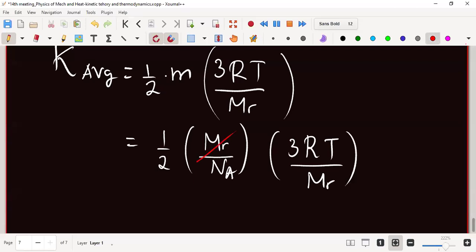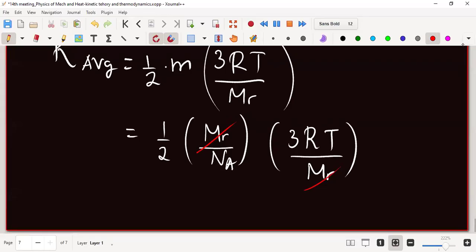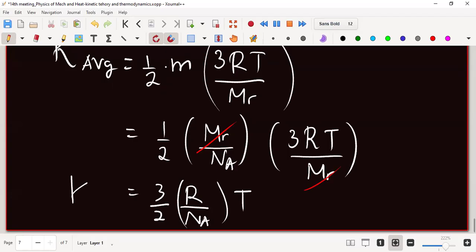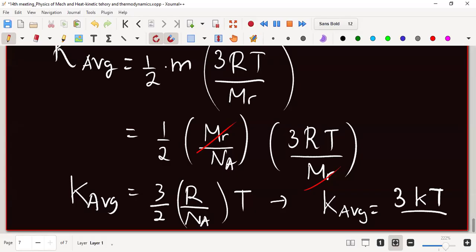We can cancel the molar mass, and then this one is 3 divided by 2 times R divided by Avogadro number times temperature. R divided by Avogadro number is the Boltzmann constant, so the average kinetic energy is equal to 3kT divided by 2.